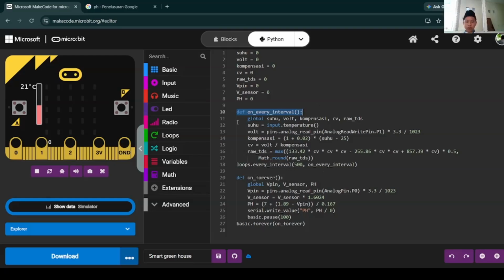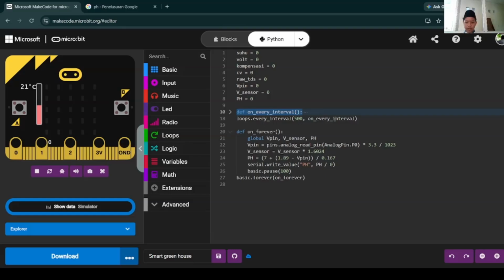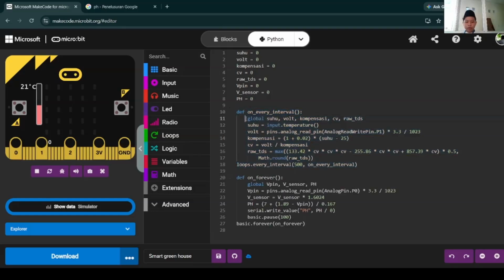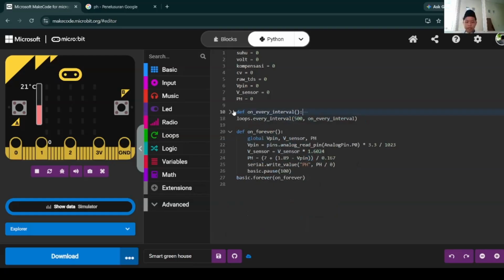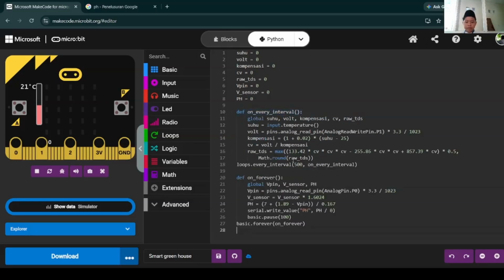Actually it is one piece of code like this. So all of this code from this until this is inside the function of these two lines.